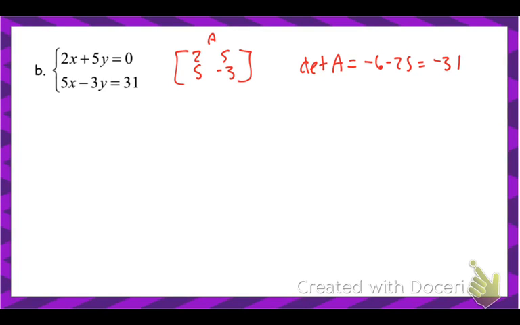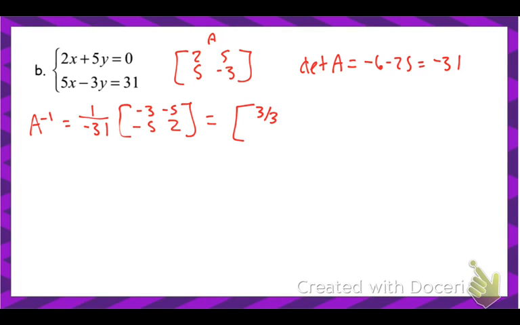Once I know the determinant, the inverse is going to be 1 over the determinant. I take the coefficient matrix, switch places, change signs, multiply by that scalar, and there is A inverse.